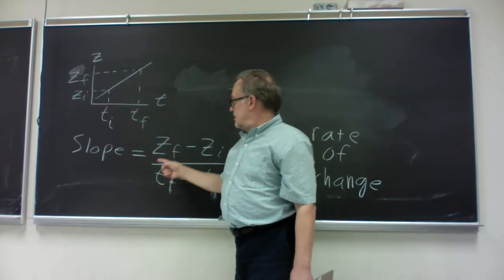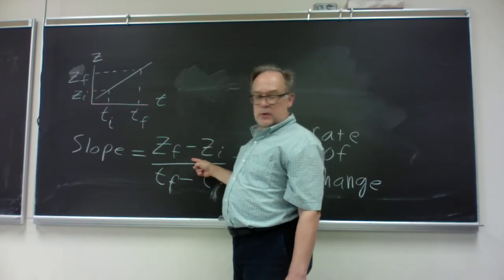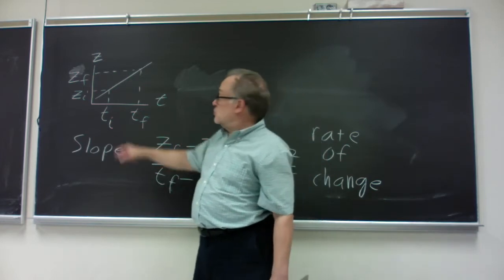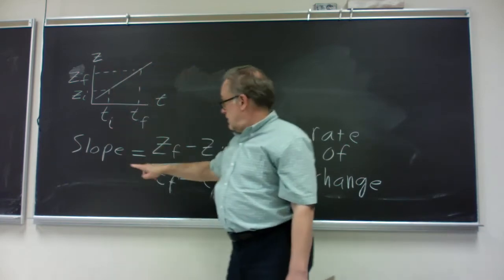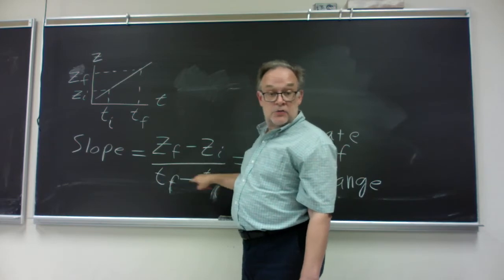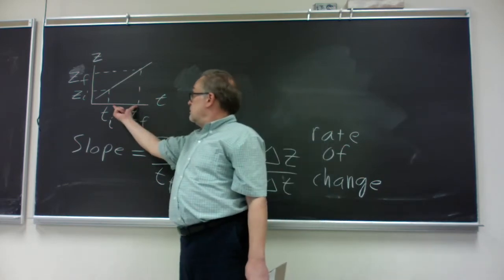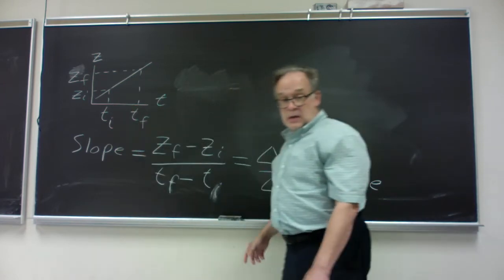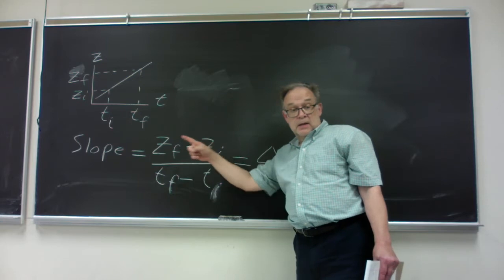Slope is just the amount of change in the vertical variable, z final minus z initial, this much change, divided by the corresponding amount of change in the horizontal variable. In this case, that's time. This much change.